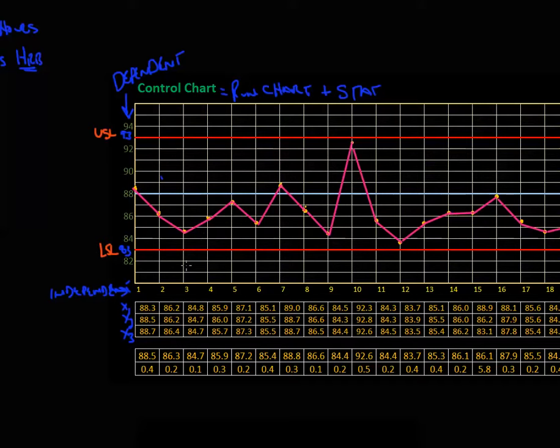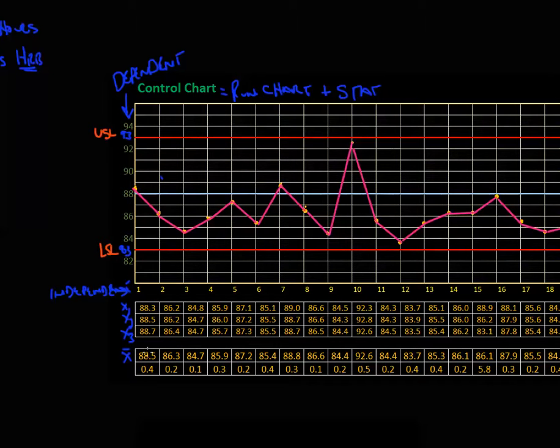So we have X1, X2, X3. Those are the 3 samples that we drew in our first hour, second hour, etc. What we're plotting here is the X bar. Bar indicates average, so it's the average of these X values. And as you can see, and I just did all the calculations in Excel, the average of these 3 numbers is 88.5.